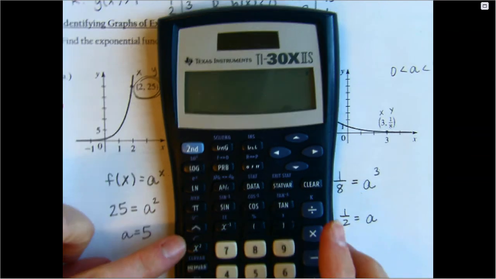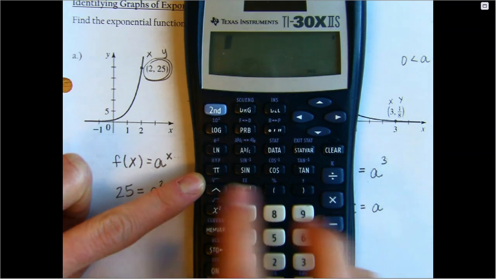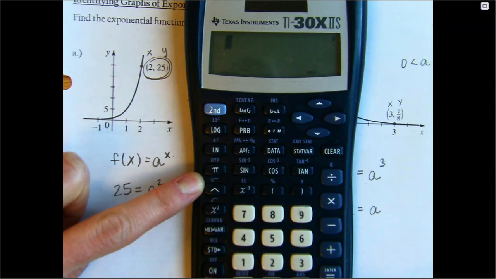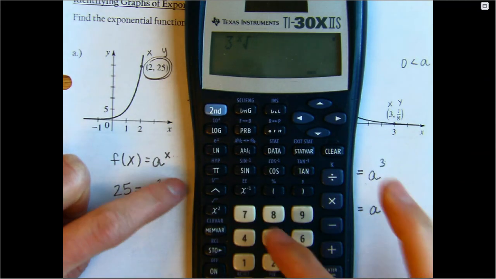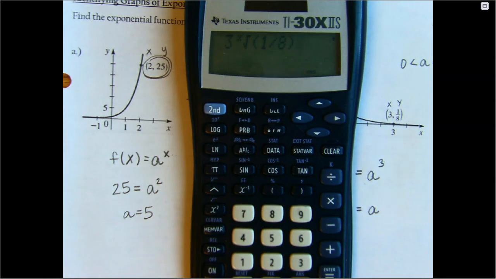So what you would do, there's a square root right here, and above it is this other root that has the little x where the index goes. So the first thing you have to do is tell your calculator you want the root to be 3. Then we hit that. And then you just need to make sure you put that fraction in parentheses.